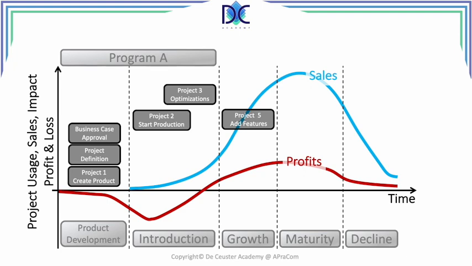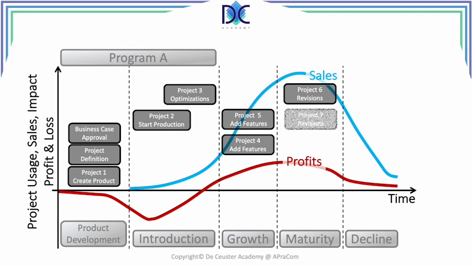We add those using projects. So we have two projects here, projects 4 and 5, to add the features. The next thing we do is look at revisions. What can we revise? What can we change in the product? We look again at some revisions, and finally we continue again with optimizations.